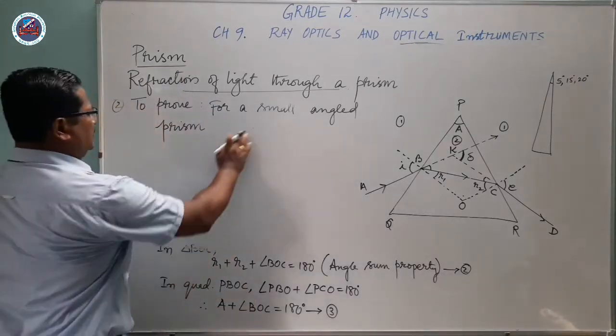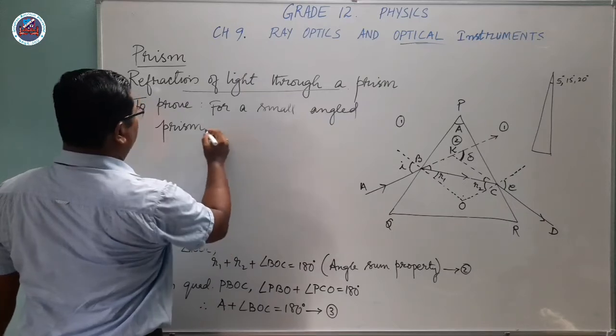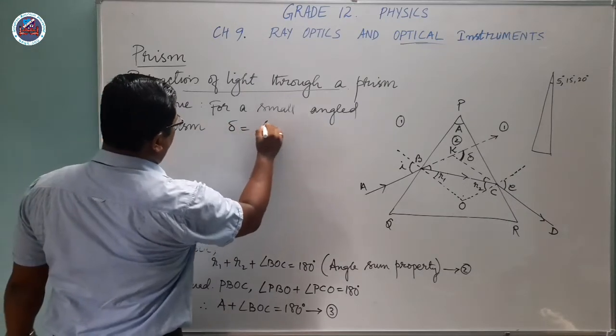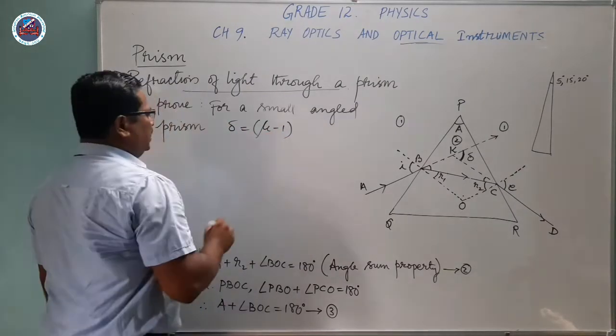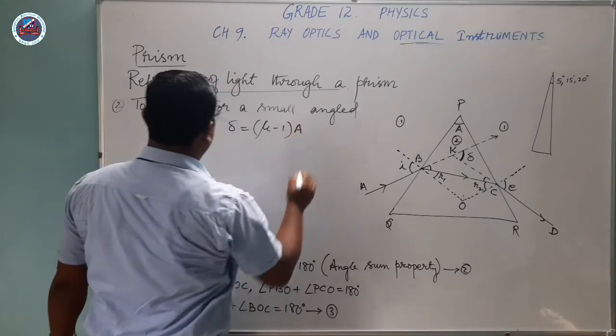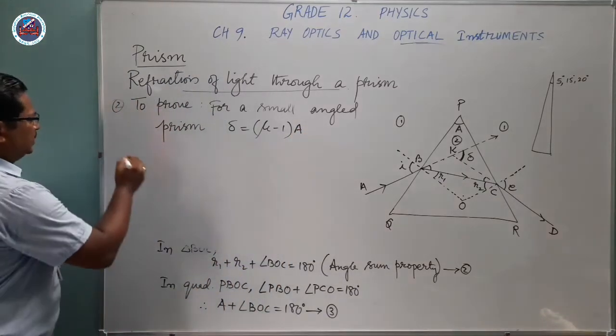The relation is that angle of deviation is equal to refractive index of the prism minus 1 into angle of the prism. Let us prove and see.